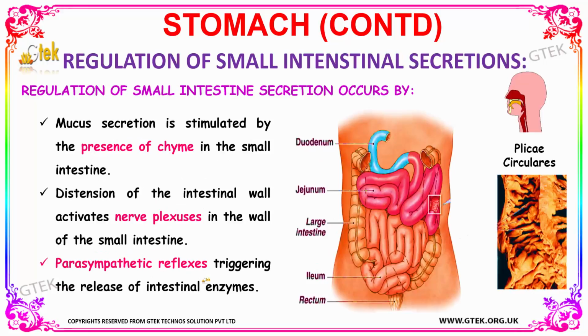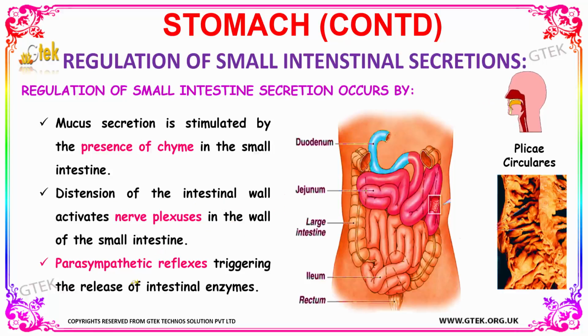Next we are going to see about the regulation of small intestinal secretions. The regulation of small intestinal secretion occurs by the mucus secretion, which is stimulated by the presence of chyme which enters into your small intestine. The distension of the intestinal wall activates the nerve plexus in the wall of the small intestine.